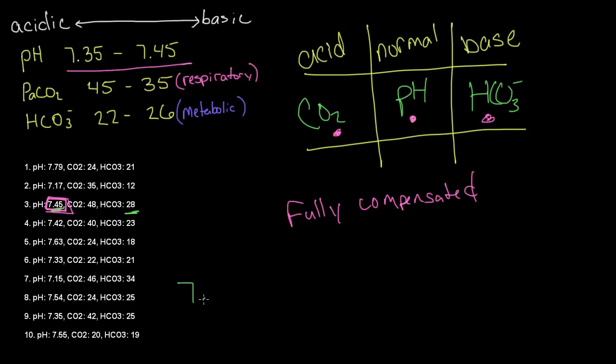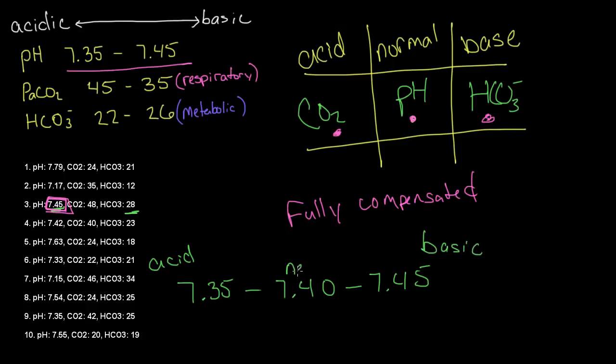So 7.35 to 7.40, and then from 7.40 to 7.45. This is more acidic, this is more basic, and this is neutral. Well, it's not absolutely neutral, but in this case we're going to consider it neutral.